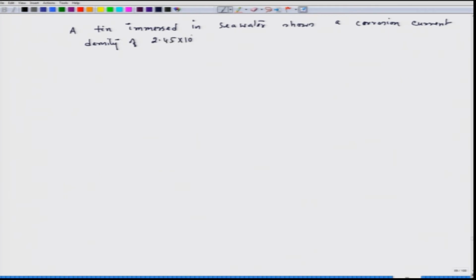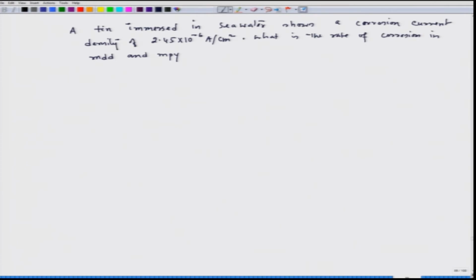So, the first problem: let's say a tin sample immersed in seawater shows a corrosion current density of 2.45 into 10 to the power minus 6 ampere per centimeter square. What is the rate of corrosion in MDD and MPY?